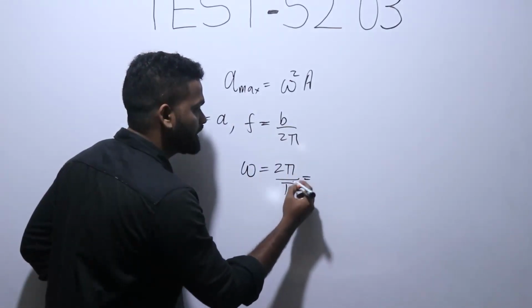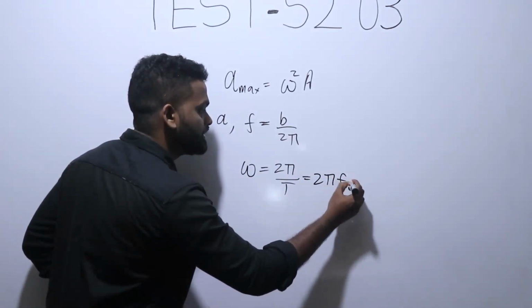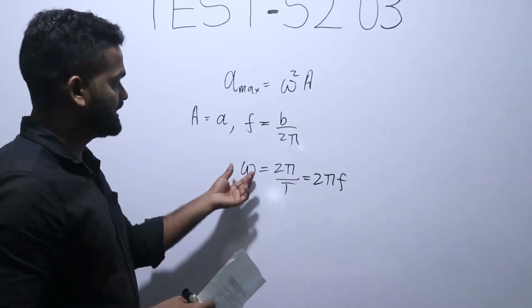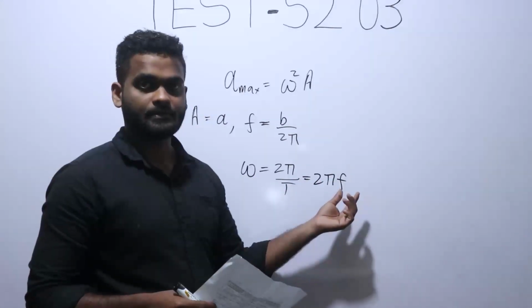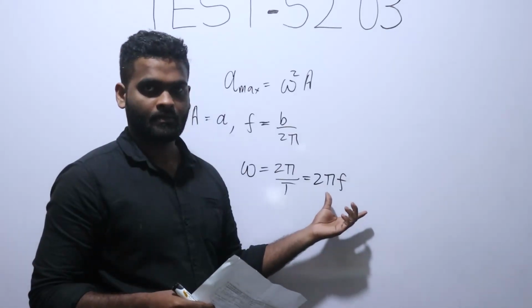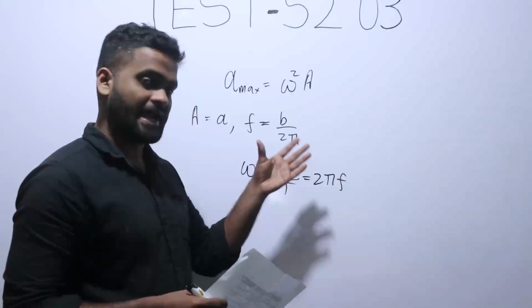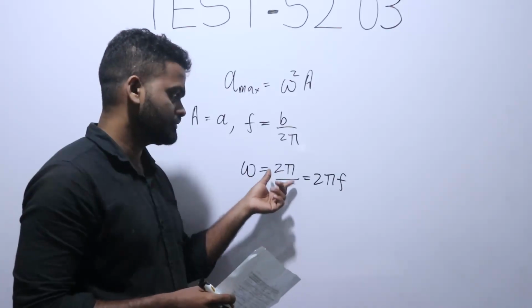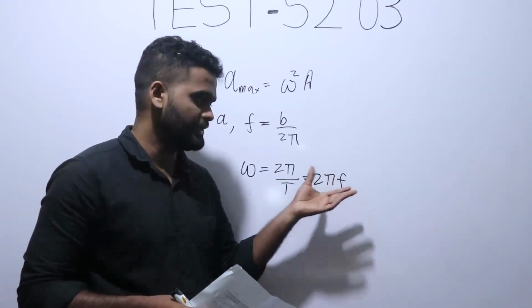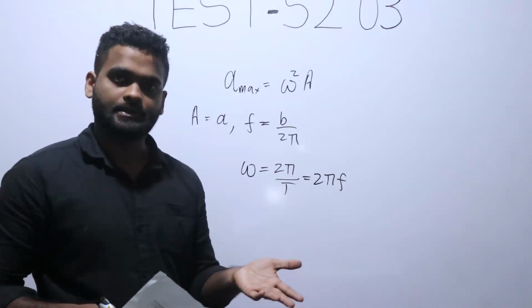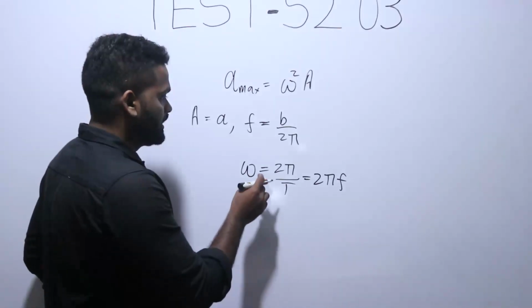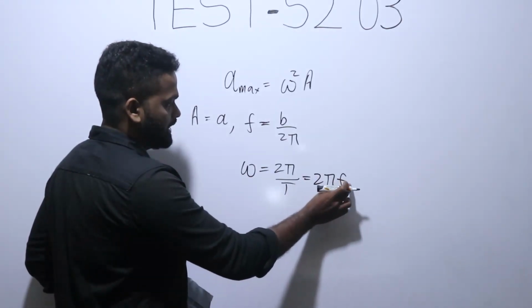So instead of 1 over capital T, we can put simple f. So now the equation for omega is 2 pi simple f. You can directly use this. But if you don't remember, just at least remember one equation. Then you can derive the other equation quickly. Right, omega is 2 pi f.